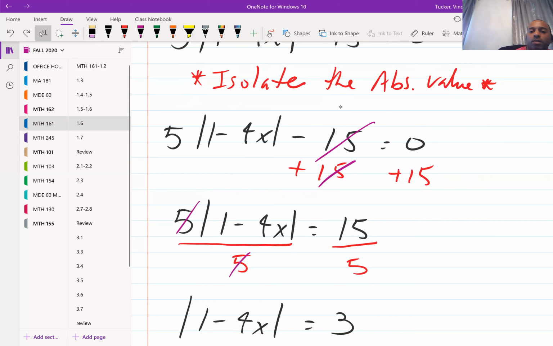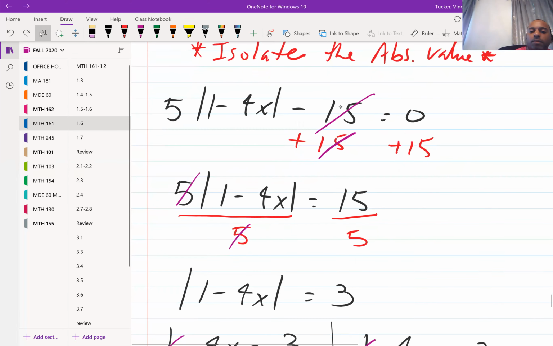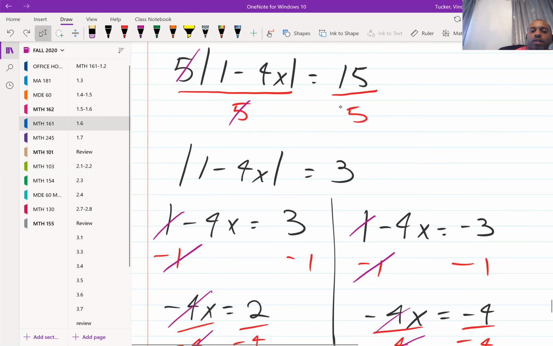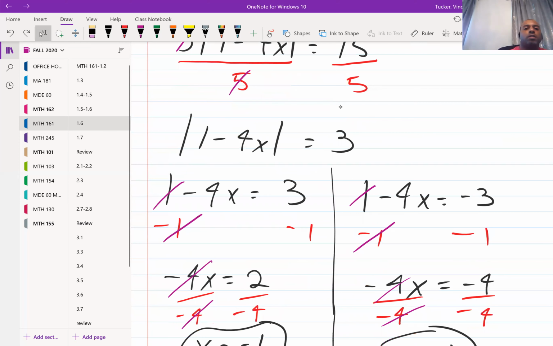Any questions? All right, so now, once you've done that, you write it the way you see it, 1 minus 4x equal to 3. Then set 1 minus 4x equal to negative 3. So that will be the way you set it up. Then from there, go ahead and solve your linear equations.